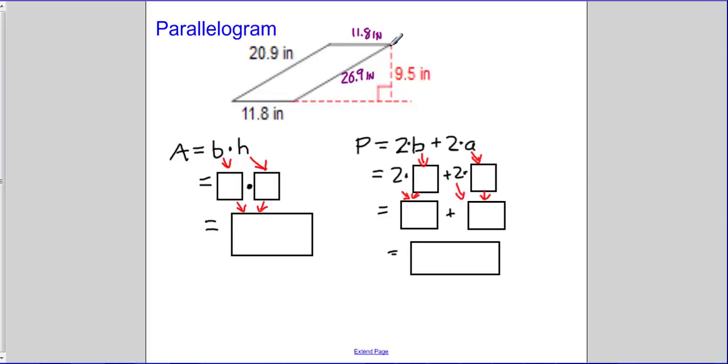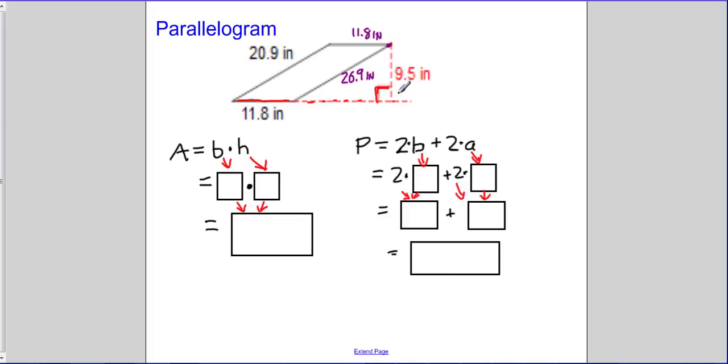The height, also called the altitude, is the distance from the highest point. So we have it laying on a base. Here's the base. And it's the distance from the top to the base where it intersects at a right angle, where it intersects the base or an extension of the base, because actually the base is over here.